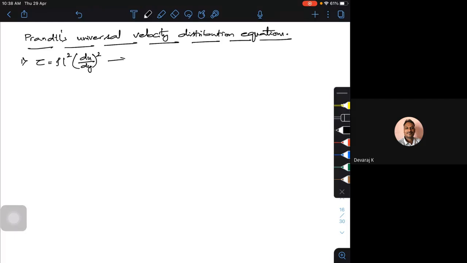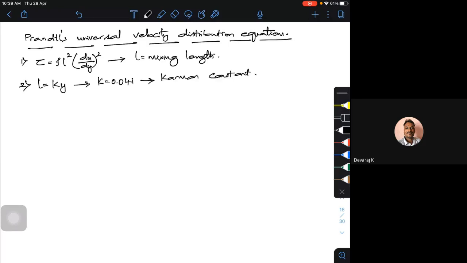As per Kolmogorov or von Karman, L was found to be 0.41 of y. That is, k is equal to 0.41, which is called the von Karman constant.